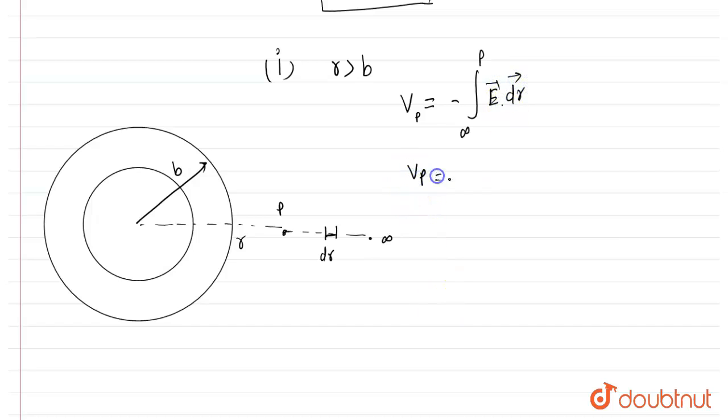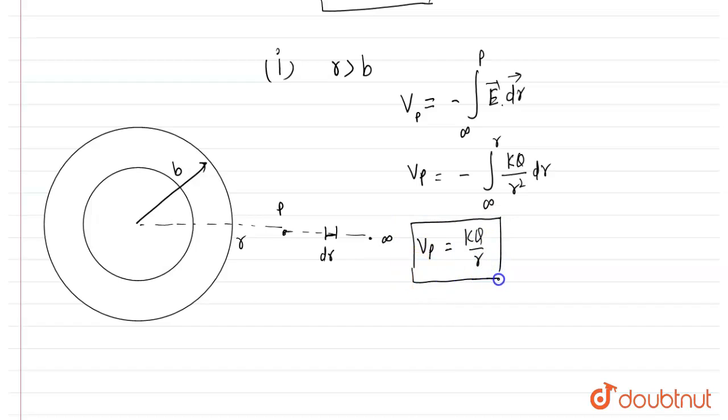Means Vp is equal to minus integration infinity to r of the electric field at that region, kq upon r square, into dr. So at that point the potential will be equal to kq upon small r. So for an outer point from that sphere, the potential will be equal to kq upon small r.